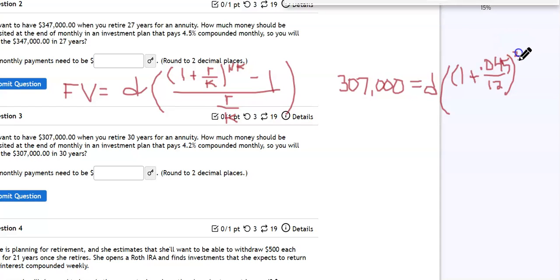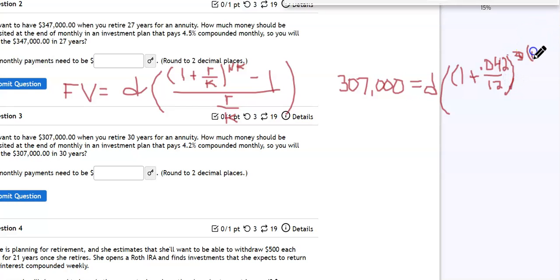years times 12. Oh, I'm sorry, I was looking at the wrong number for the 4.5. It's 4.2, so let's see if I can get the eraser here and fix that. 4.2, so 0.042. Don't want to confuse you there.